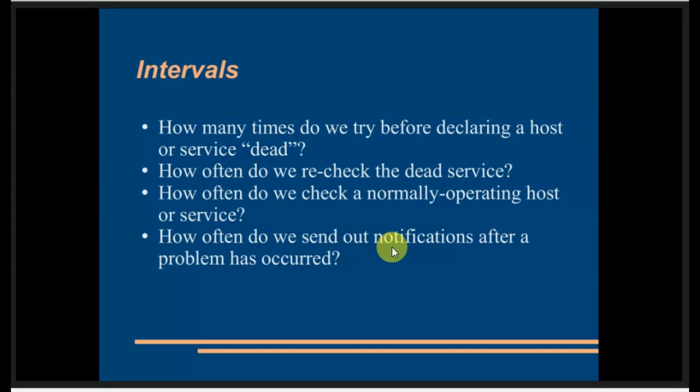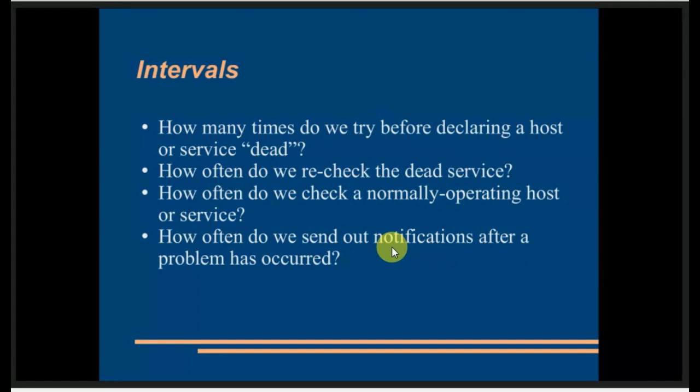So you need to define, for example, how many times to try before declaring a host or service dead, which takes you from threshold to offline. When does it declare that this particular service or server is offline?